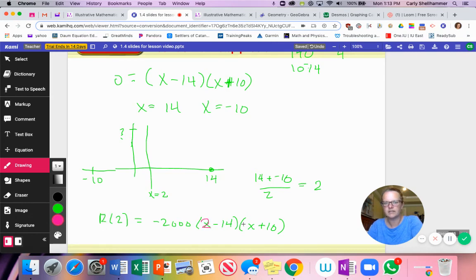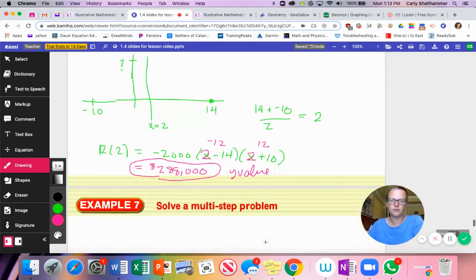So I'm replacing there and there. Handy dandy calculator, 2 minus 14 is negative 12, 2 plus 10 is 12. Multiply all of that out and I'm at $288,000. That is my maximum. Because remember, it's just the Y value that we are going to report as your maximum, just the Y value.